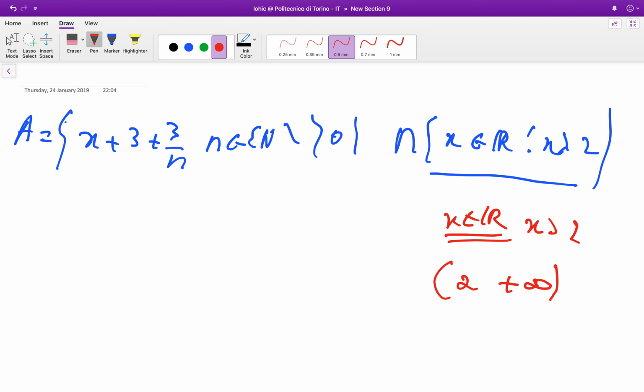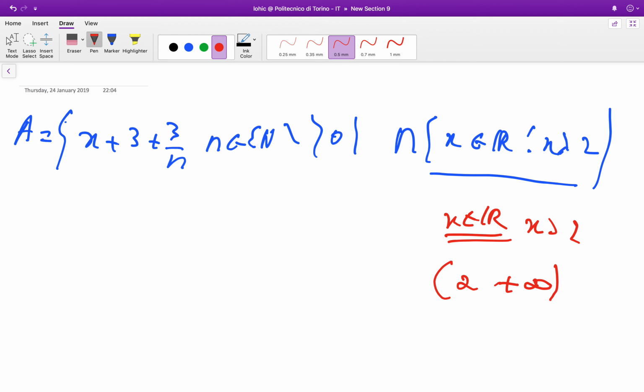It would have been different if x belonged to Q, as we saw in the first week; it would not be the whole interval.